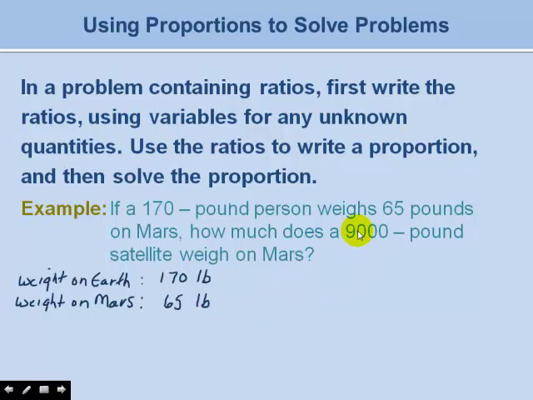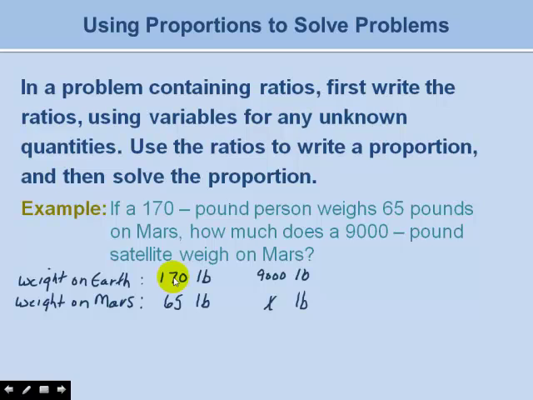Then we have the satellite, which on Earth weighs 9,000 pounds. And what it weighs on Mars is the quantity that we don't know. This is what actually the question is asking us, is what would this weight be on Mars? So we're going to use a variable here to stand for the weight of the satellite on Mars.